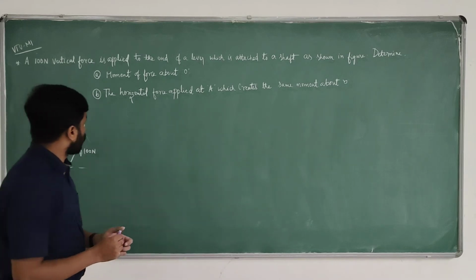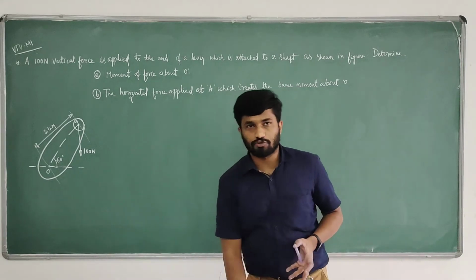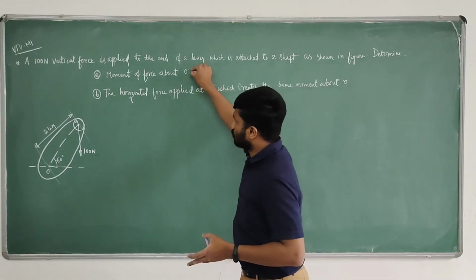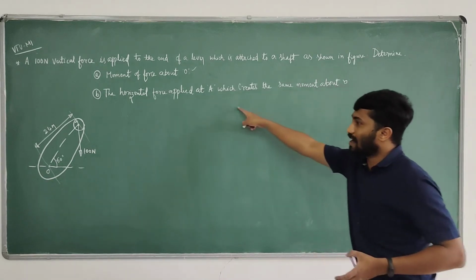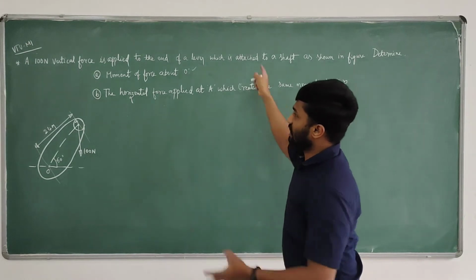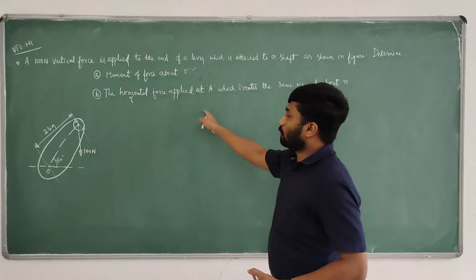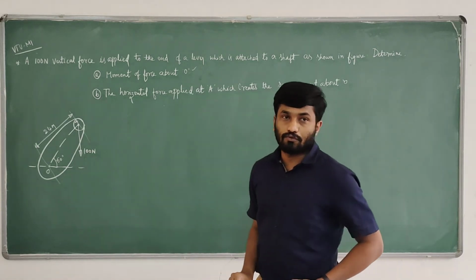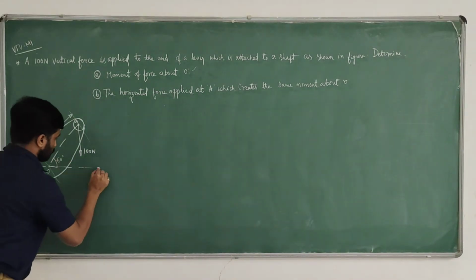So this particular problem is asking two things. This is the lever shaft system shown in the figure. For this system we have to determine the moment about O, and also the horizontal force applied at point A which creates the same moment that we determined in part A. First thing is the free body diagram.